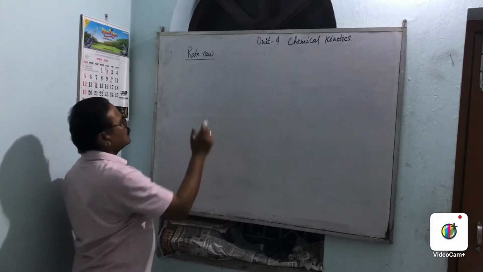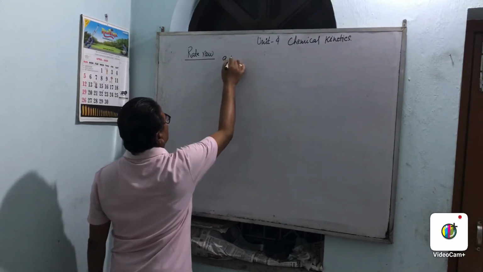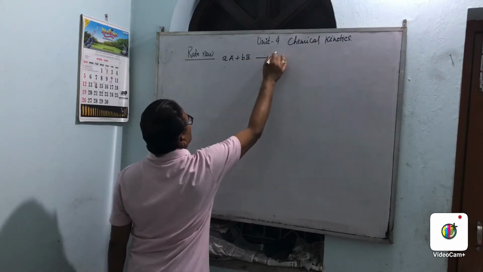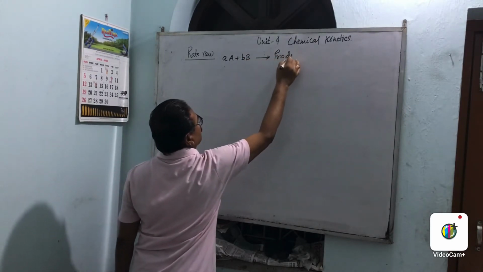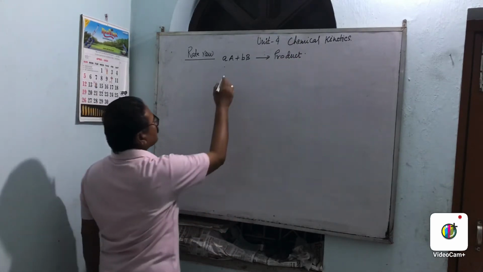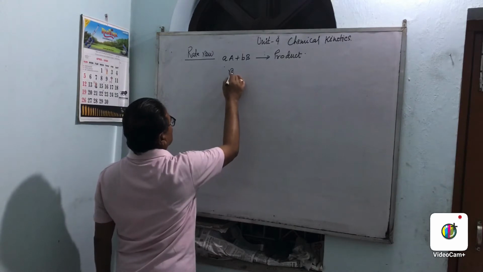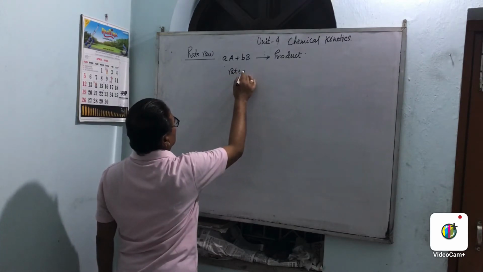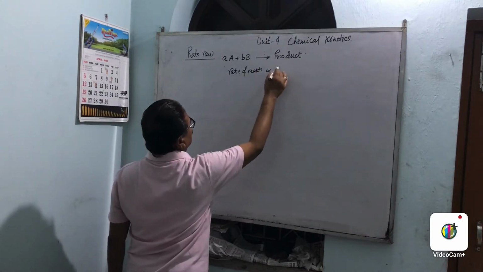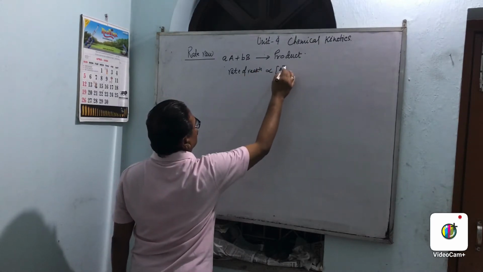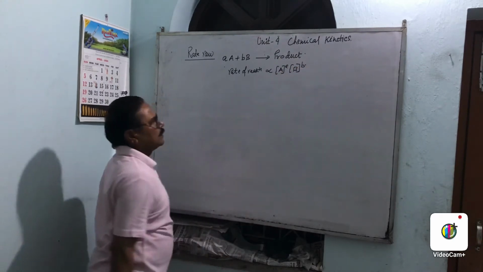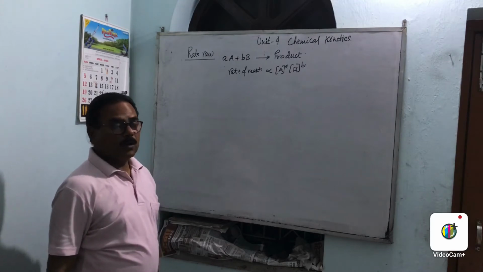Suppose we consider aA plus bB giving a product. Now the rate of reaction, or rate law, is equal to [A]^a [B]^b by the law of mass action.